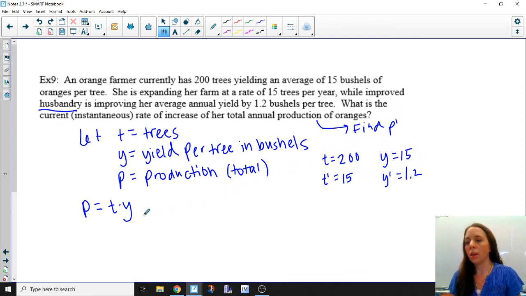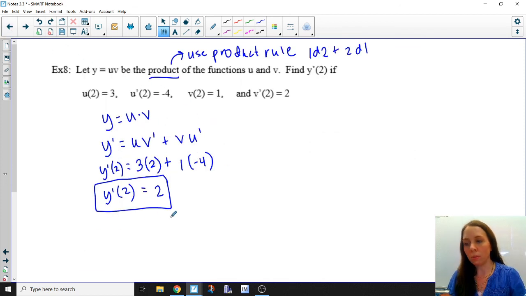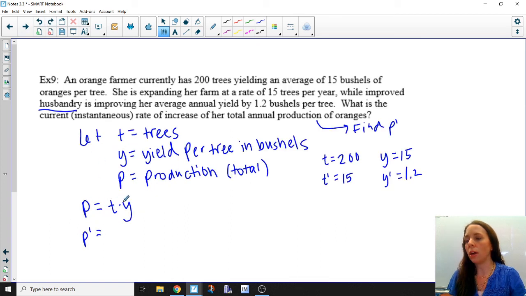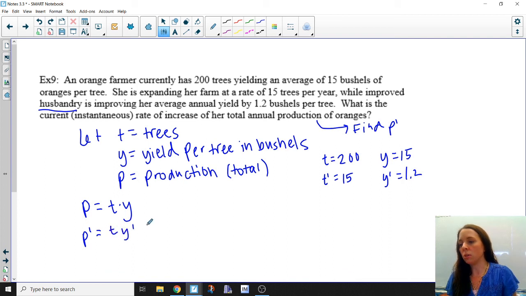So now we have a ton of information that will be helpful for whenever we need to calculate P prime. Before we can use that information, though, we need to get a formula for P prime, and that's where we are once again. Here we are just finding the derivative of T times Y using the product rule: first times derivative of second plus second times derivative of first.